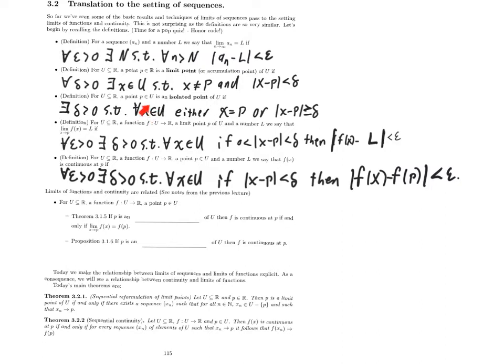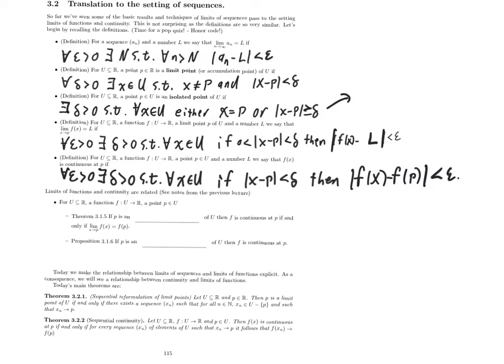For a subset U of R and a point P in that set U, as a remark, I'll only ask if a point in U is an isolated point of U. If P is not in U, it's not an isolated point. It's just not in U. P is isolated if there exists a delta bigger than 0, such that for all x in U, either x is equal to P or the absolute value of x minus P is less than delta is false. Maybe I'll draw a picture of that real quick.